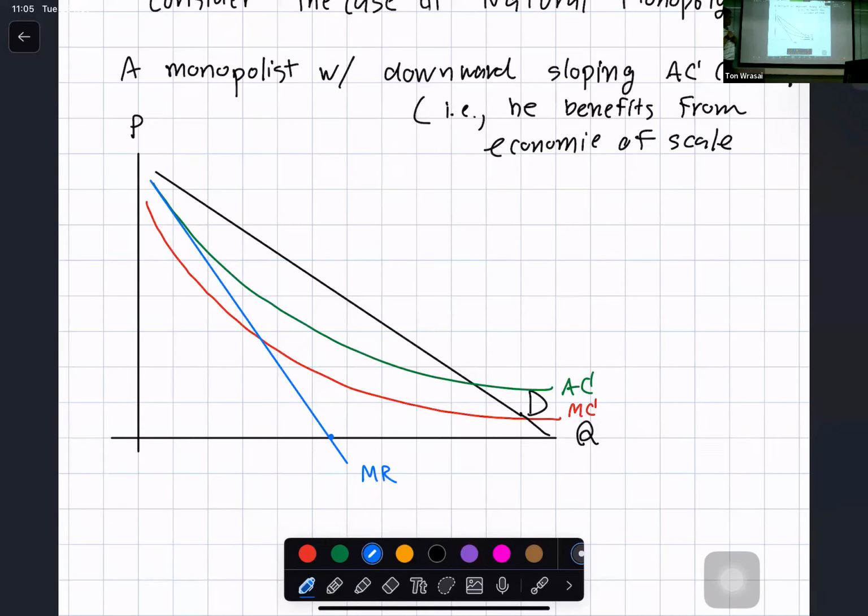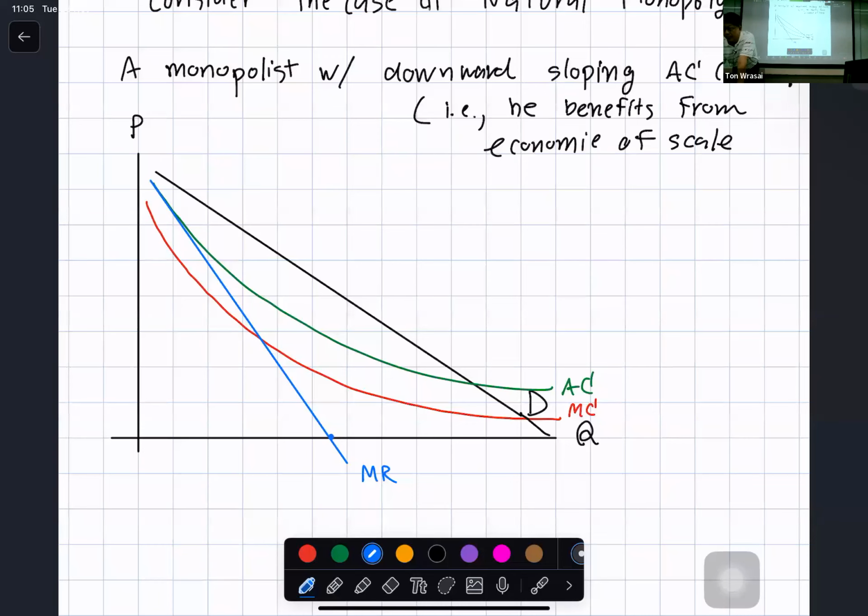Make sure that MR curve is twice as steep as the demand curve.